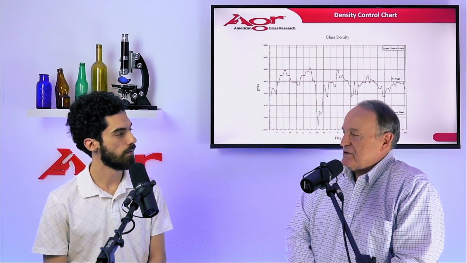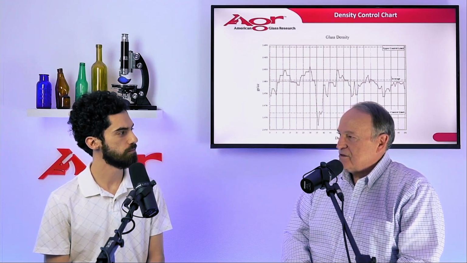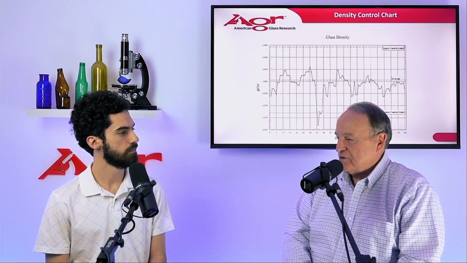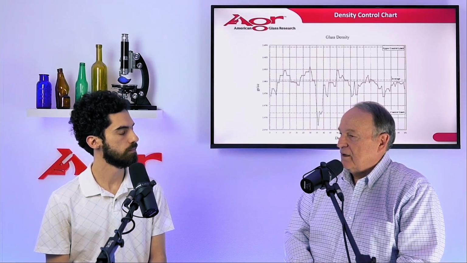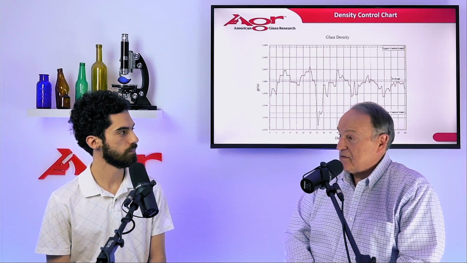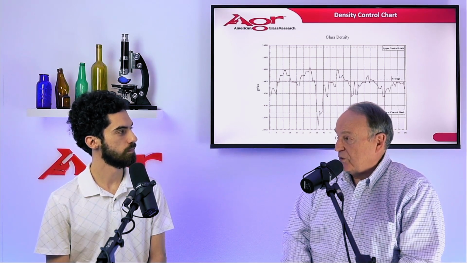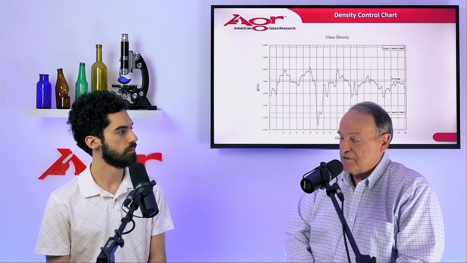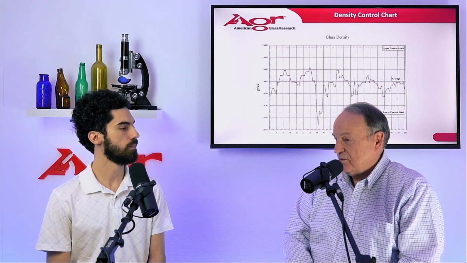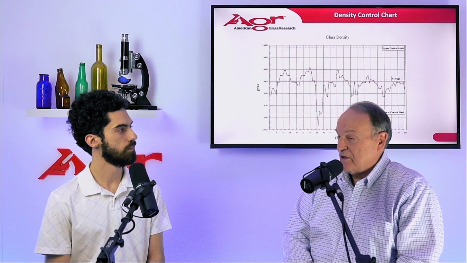You know that in the batching operation, you're going to have some inconsistencies, some variation. And so there's an upper control limit and a lower control limit, typically about 20 points above and below your target line. Sometimes that might be as little as 10 points above and below, depending on how close you want to keep the control of the composition. And you see day-to-day fluctuations due to fluctuations in the batching operation and in making the measurement.